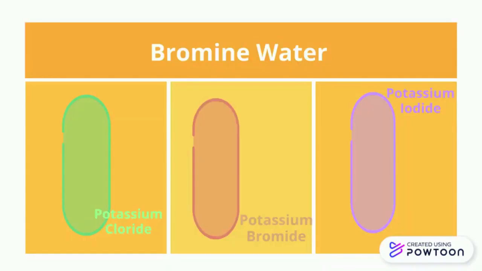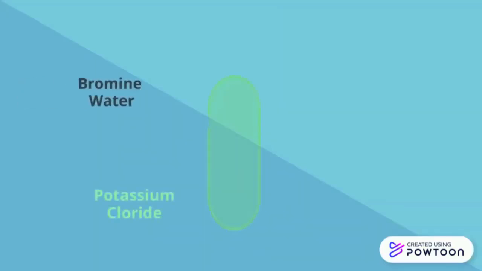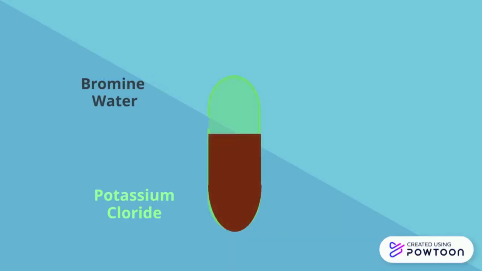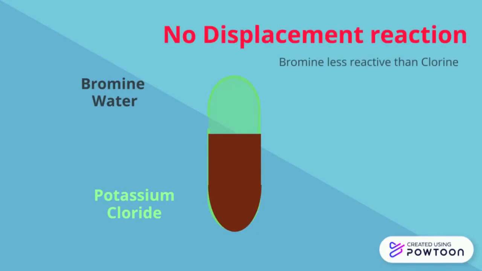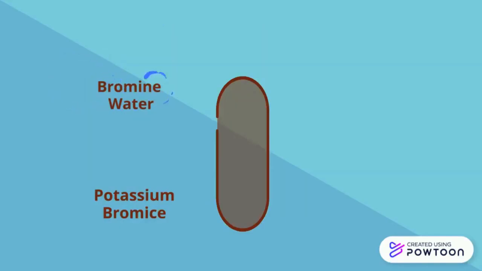Let's predict what happens when bromine water is added to the same three aqueous solutions. When we add bromine water to aqueous potassium chloride, this causes the solution to turn reddish-brown, but no displacement reaction occurs, as bromine is less reactive than chlorine. No reaction occurs when bromine water is added to aqueous potassium bromide.